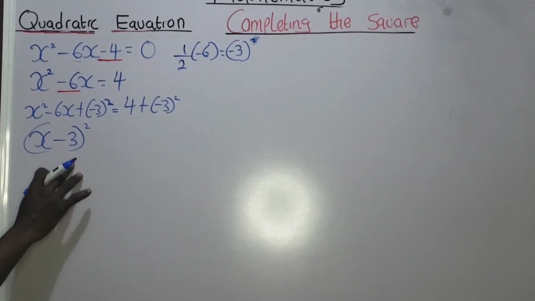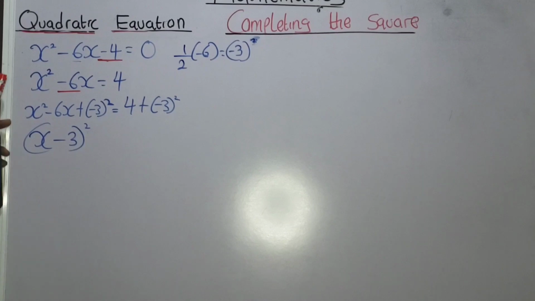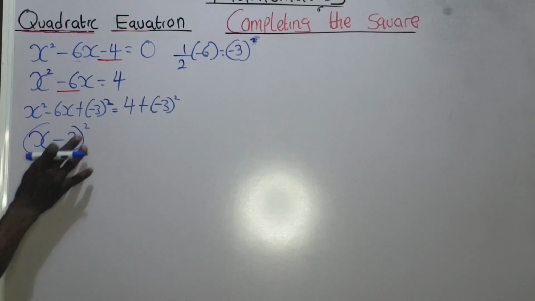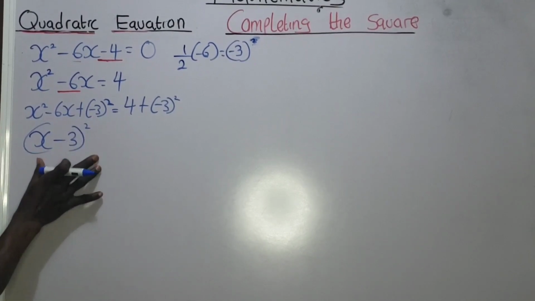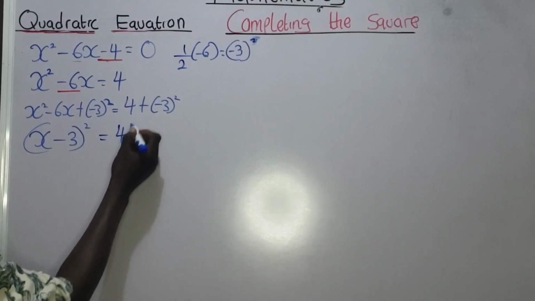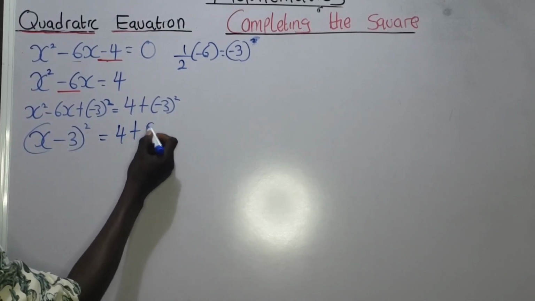Anytime you are rewriting the left hand side as a perfect square, you just take one value of x, then half of the second term that you had, then square both sides. By the time you expand this bracket, you are still going to have this. So this will be equal to 4 plus 9.